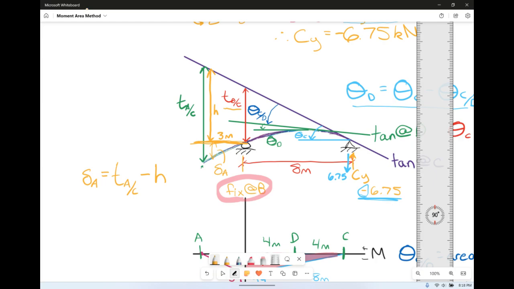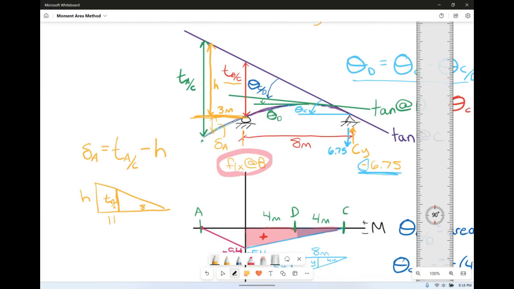So we can draw it out. We have H on the end here. It's 11 total meters, it's 8 plus 3. Then on the inside, we have 8 meters, and this is the vertical deviation of B with respect to C. So writing it out, H over 11 is equal to the vertical deviation of B with respect to C over 8.